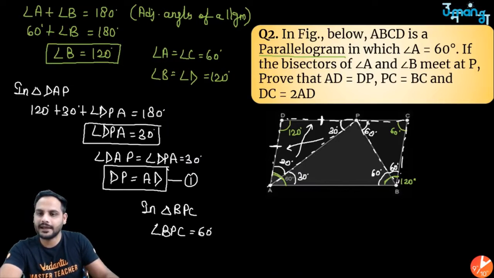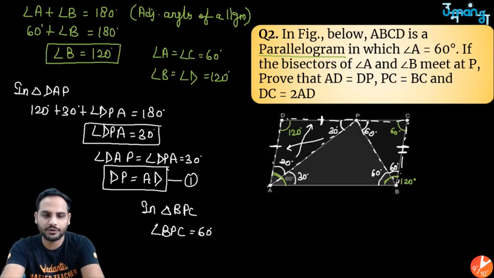Okay. Angle BPC is 60, this is 60, this is 60. So BPC is an equilateral triangle, all the three sides are equal. So here also I can say that, sir, BC is equal to PC. Here also I have got the result that BC is equal to PC.